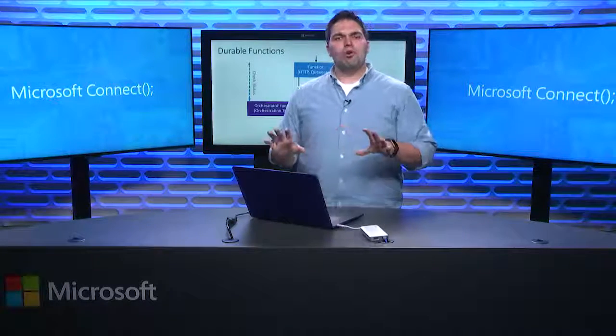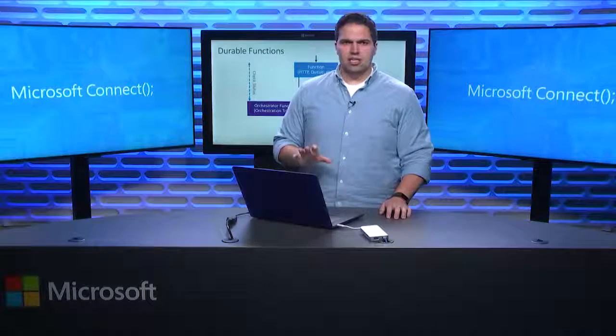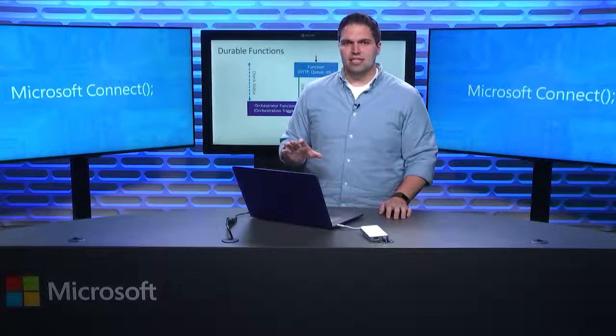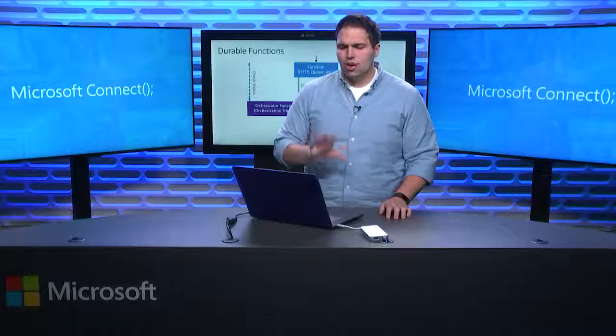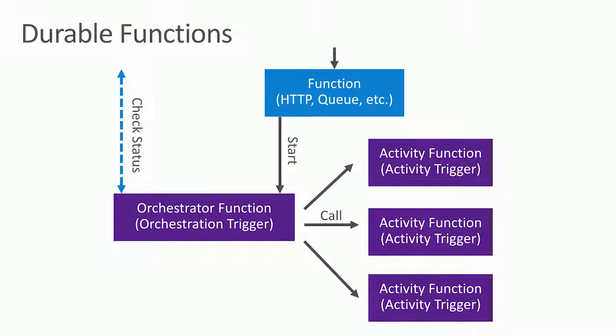So it would be helpful if you're getting into durable functions to understand what's happening behind the scenes. This is a quick diagram of how durable functions works. You have your Azure function, which just runs. This can be just like those functions that we've been running here today, HTTP triggered, Event Hub triggered. Some function then needs to say, hey, go ahead and start this orchestration.